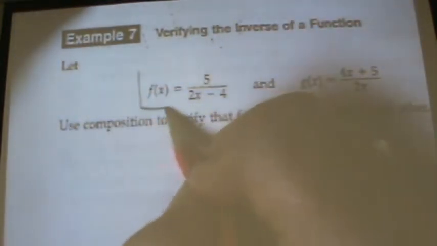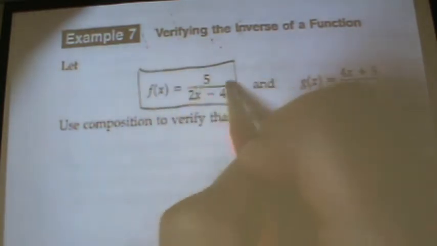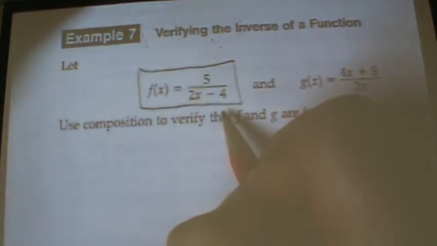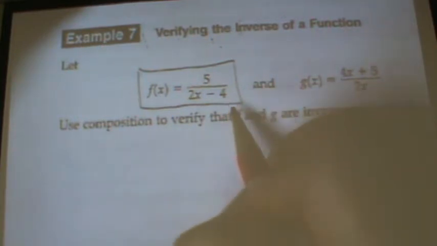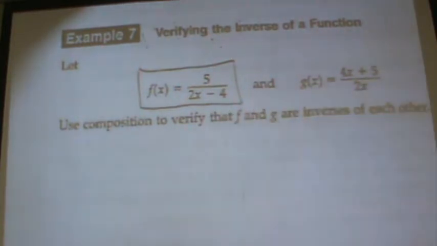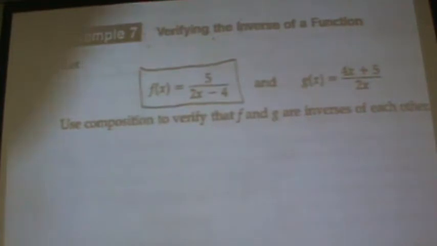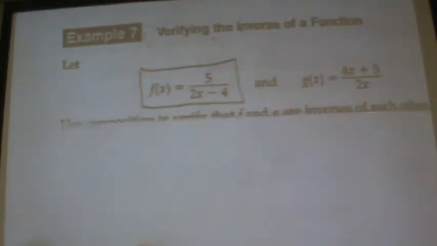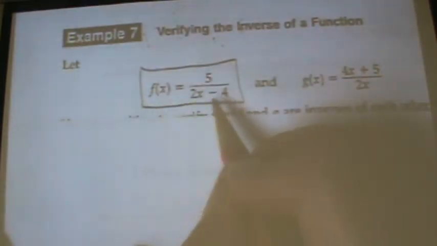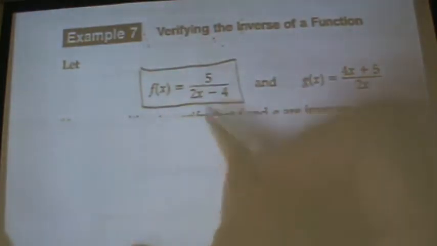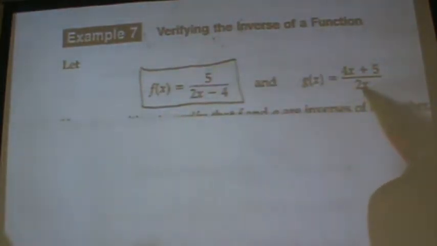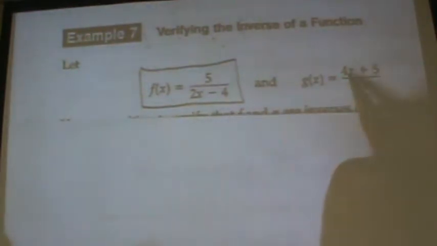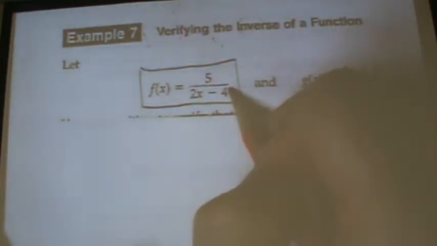If I gave you this function right here, f of x is equal to 5 over 2x minus 4, and I asked you to find the inverse of this, what would you do? You would switch your x and your y around and resolve it. And you'll get this.